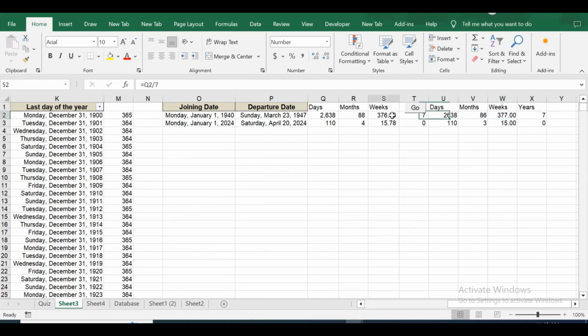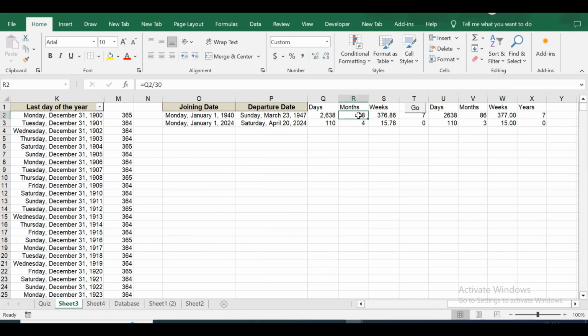Rather, it is actually rounding up, and for the weeks it is rounding to 377 weeks, whereas till here it seems to ignore the fraction. So this is how it works.